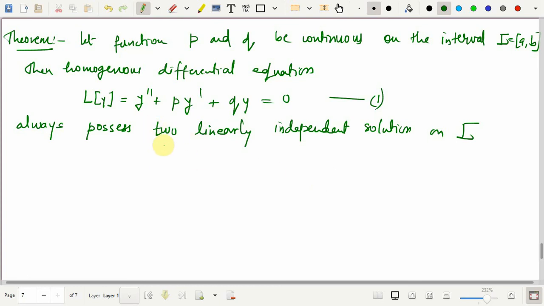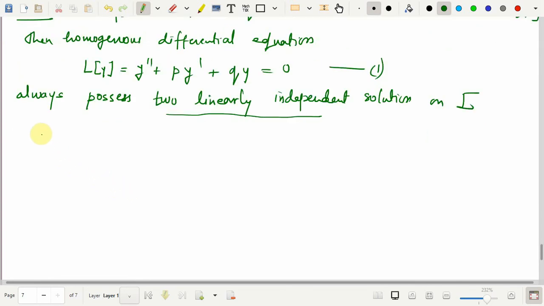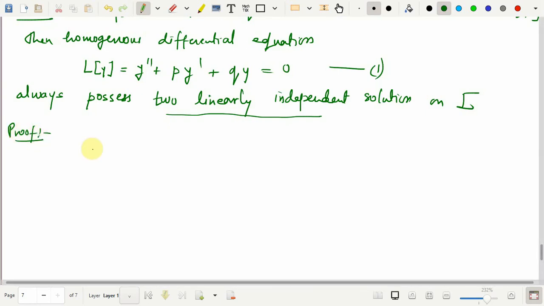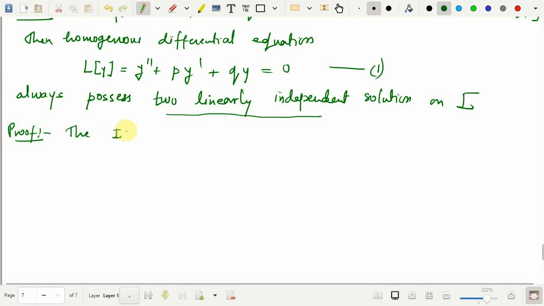So first thing, we are going to prove that given any second order differential equation which is linear and homogeneous, then it has two linearly independent solutions. So for the proof of this, we simply make use of the existence and uniqueness theorem, because in that case we talk about the initial value problem. So I'll talk about the same initial value problem with certain initial conditions for a specific point on an interval I. Let me directly start the initial value problem.